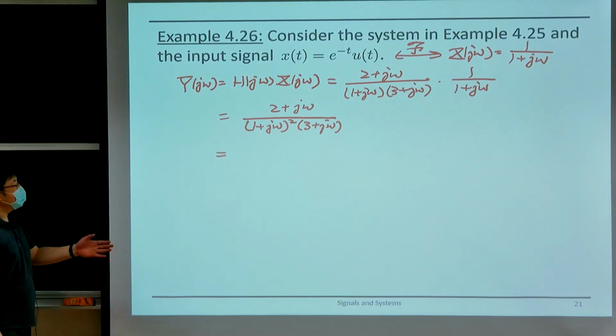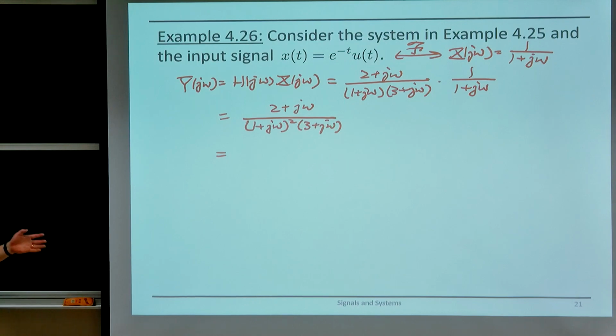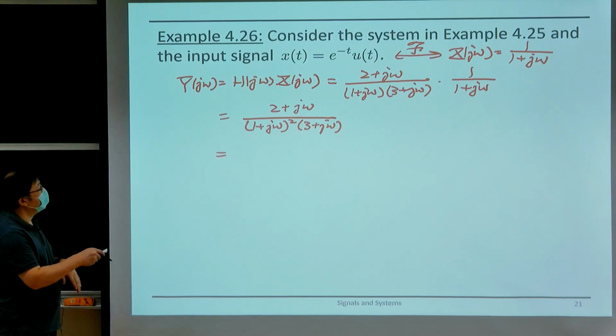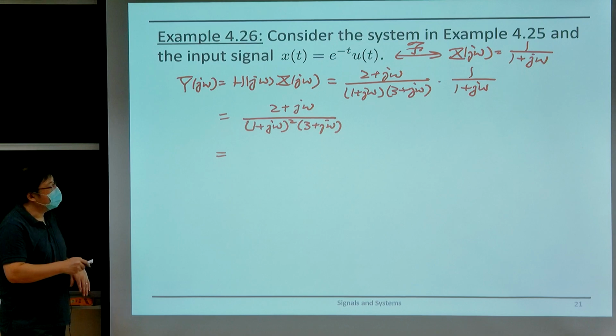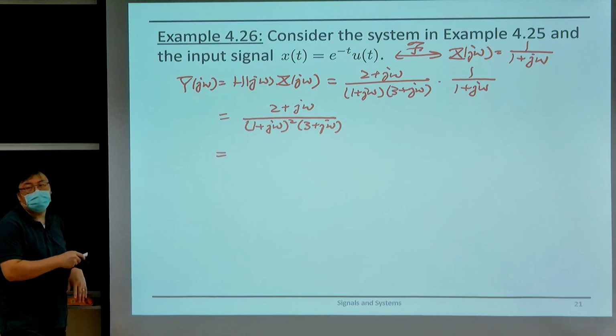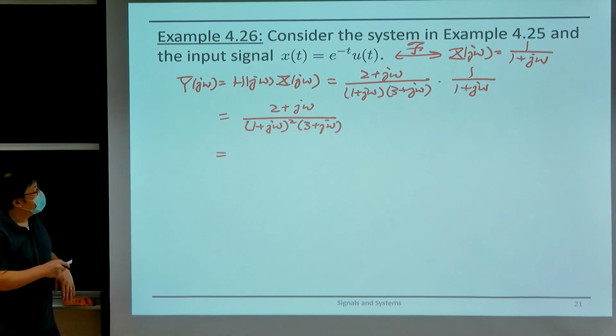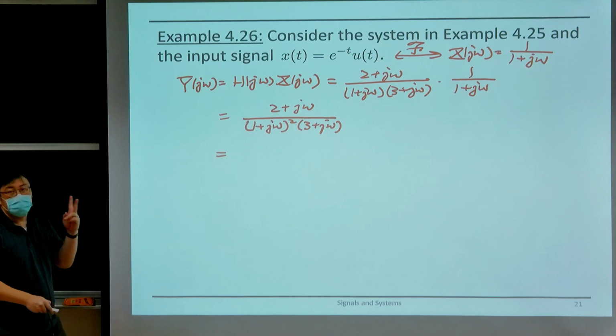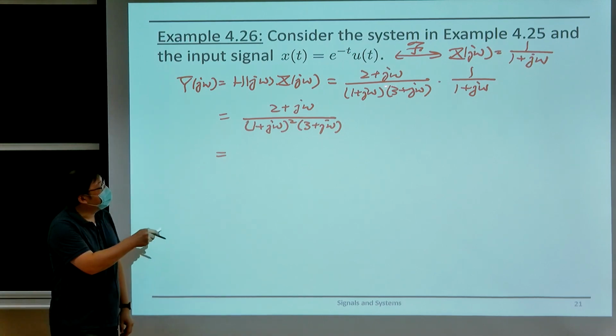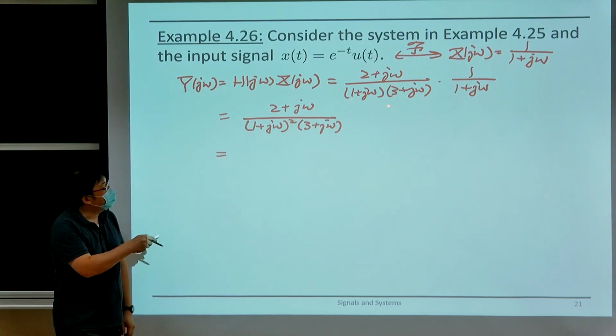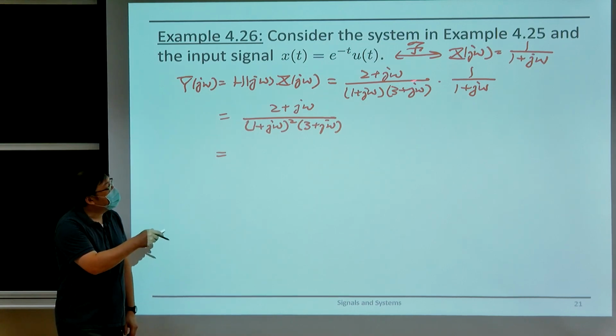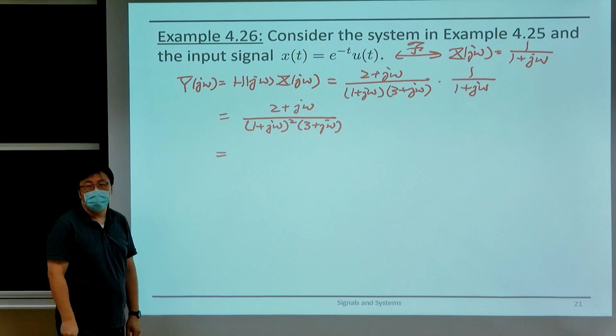So here is the part that's different. Here you want to again write this using its partial fraction expansion. Originally, if you have just two terms that are both of order 1, you just split them into a constant over 1 plus j omega and a constant over 3 plus j omega.